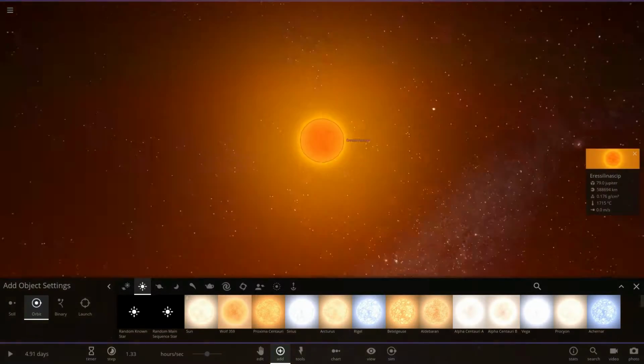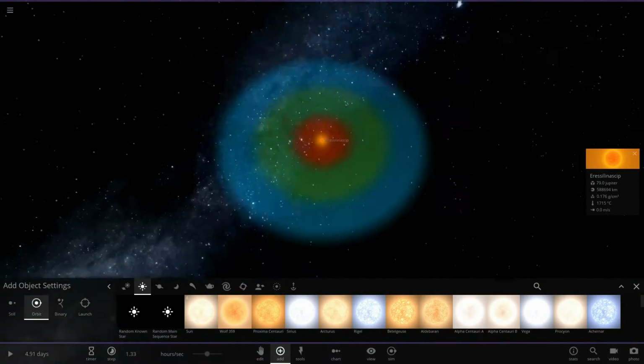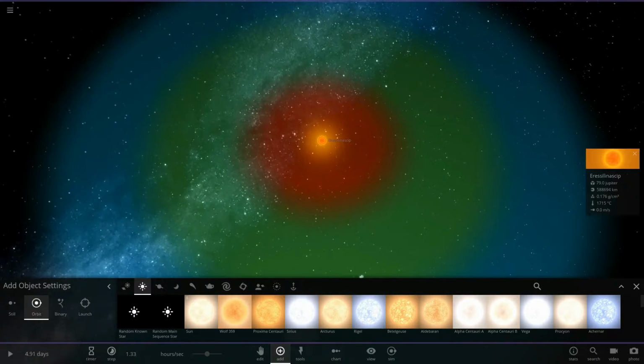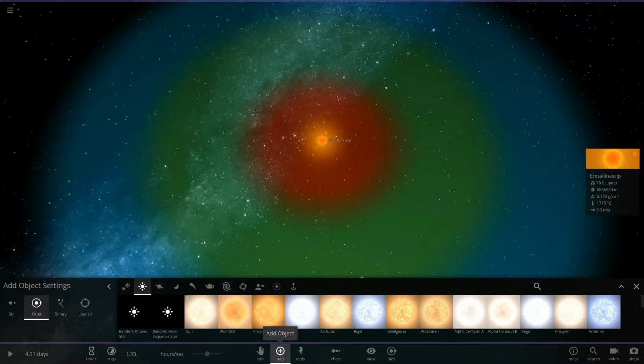So an L class brown dwarf is a brown dwarf, but it's like the bigger brother of the... I can't remember the characteristics of the brown dwarfs. The Y, the L, and I think it may be something else.